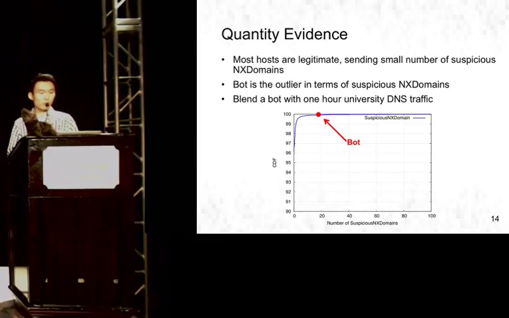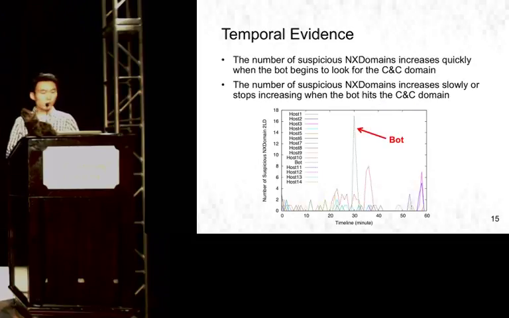To validate this assumption, we extract 1 hour of legitimate traffic from our university and combine it with a known DGA bot. This figure shows the CDF of the number of suspicious NX domains, and the red dot is the bot. From this figure, we can clearly see the bot is an outlier in terms of the number of suspicious NX domains.